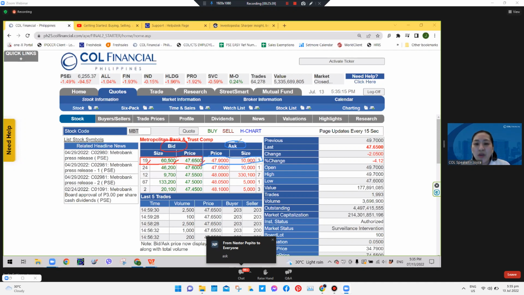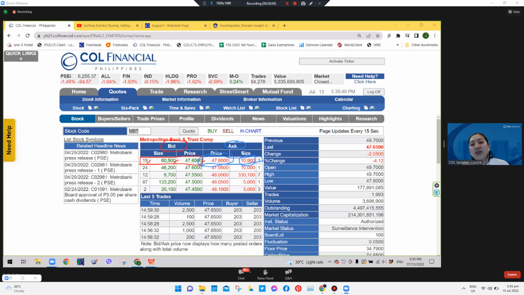Okay. So here, if you want to buy Metrobank right away, if you post a price at 47 pesos and 90 cents, you get to buy that immediately. Okay? As long as you are buying 10,900 shares or lower, you get to buy this immediately.